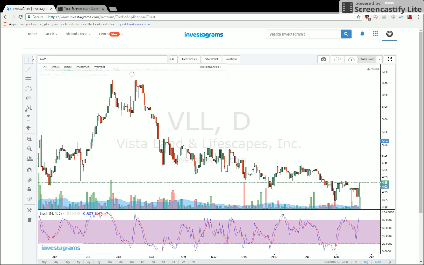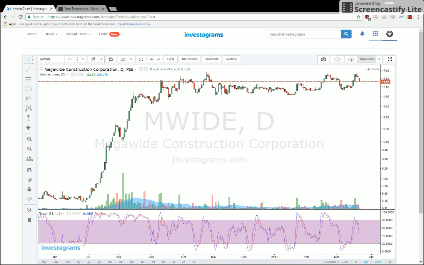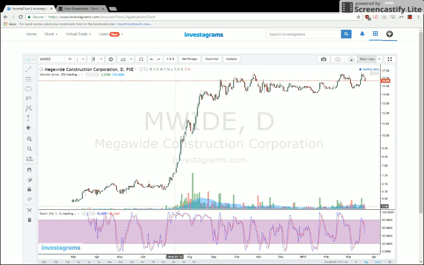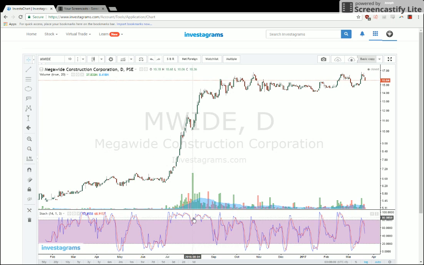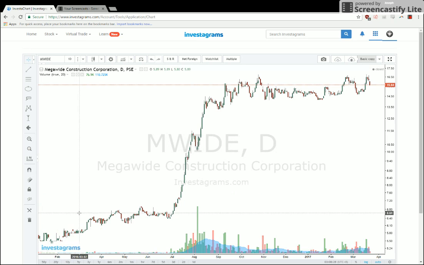Compared to M wide, you can see here again, it also tells you overbought, oversold. Generally, if it's above the purple box, it's overbought, which means people are buying it too much. And if it's below the purple box, then that means it's oversold. Again, I suggest you research this more. These are very helpful.